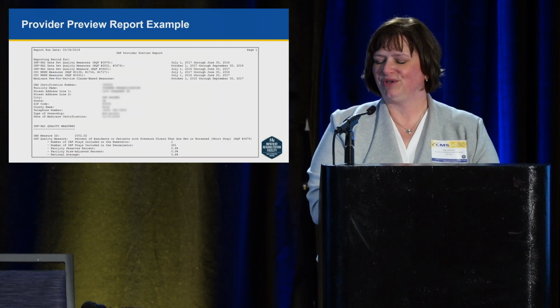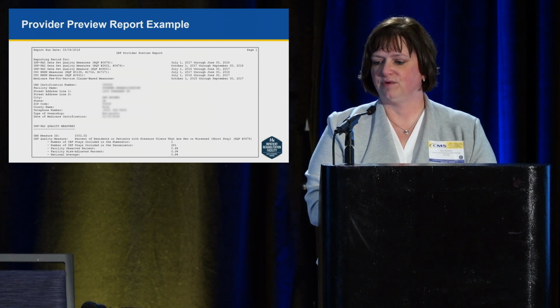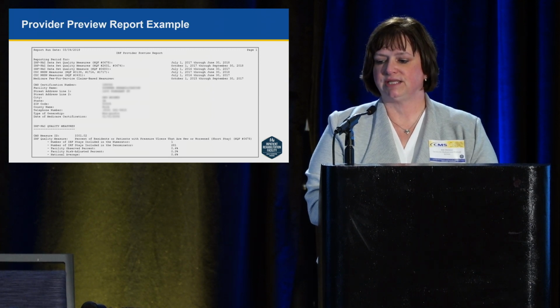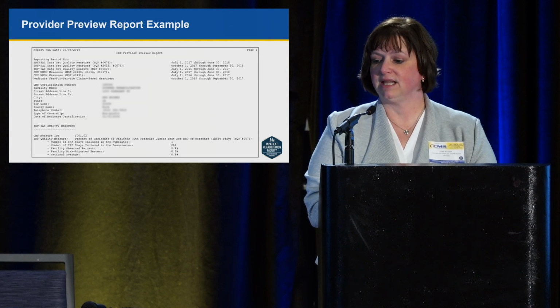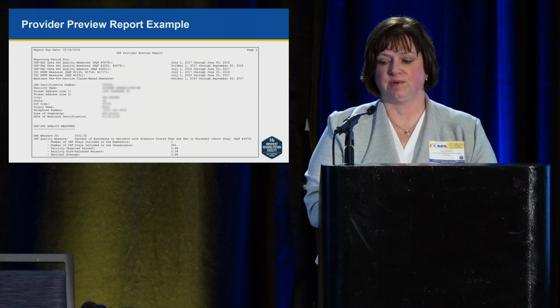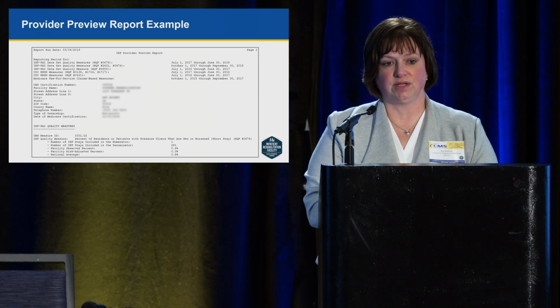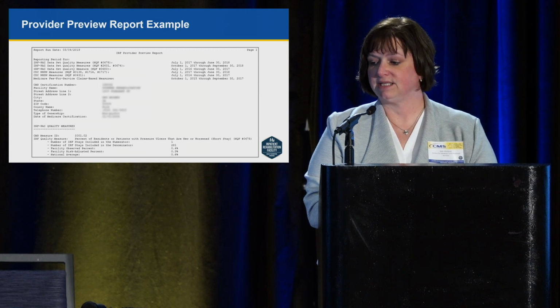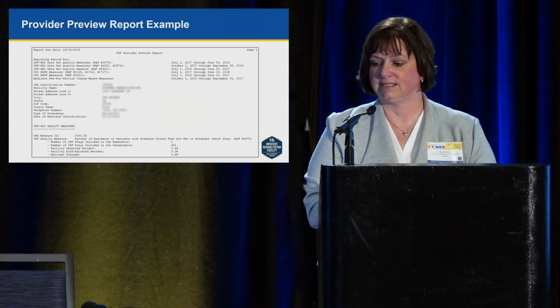And this is likely familiar to many of you, but this is a picture of the IRF Provider Preview Report. You'll notice that the report run date, or the date that the report was generated, is displayed in the left upper corner. Beneath this, you will see the reporting period dates. So for each of the measures that are publicly reported, you will see that the reporting period dates are displayed on the left-hand side.